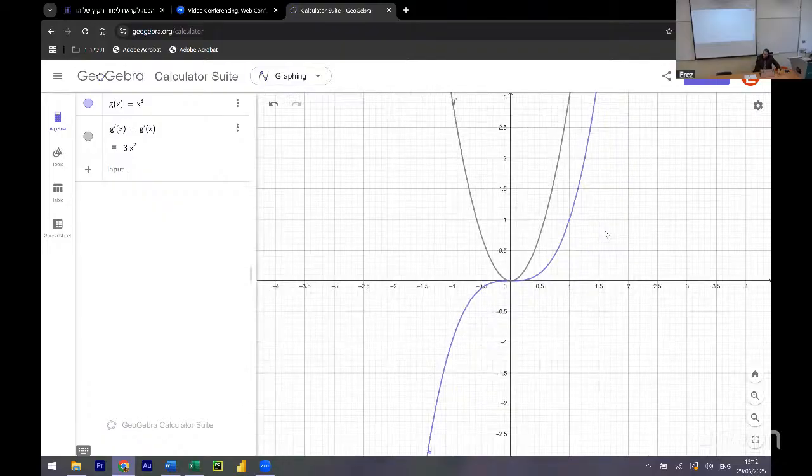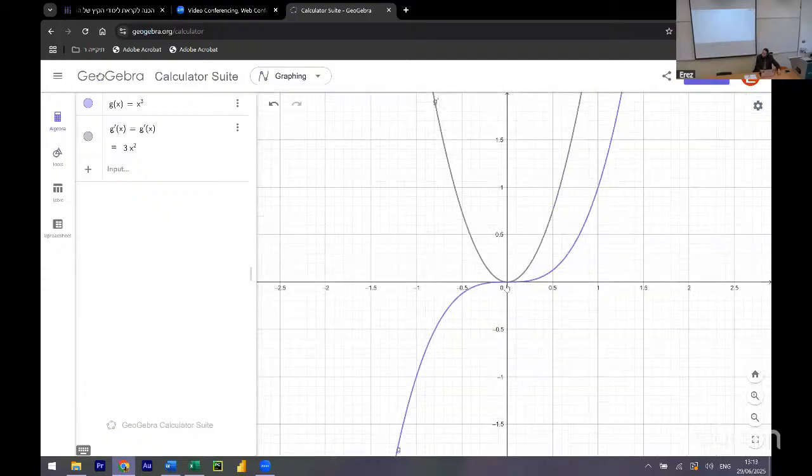Not decreasing, but completely increasing. Every point is strictly larger than the previous point. Yes, sorry, x cubed is one to one. It never returns to the same point twice. Yet the derivative is 0 at 0.